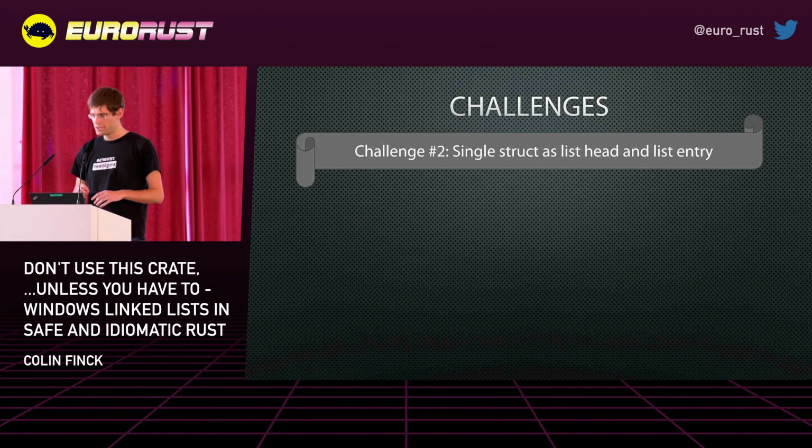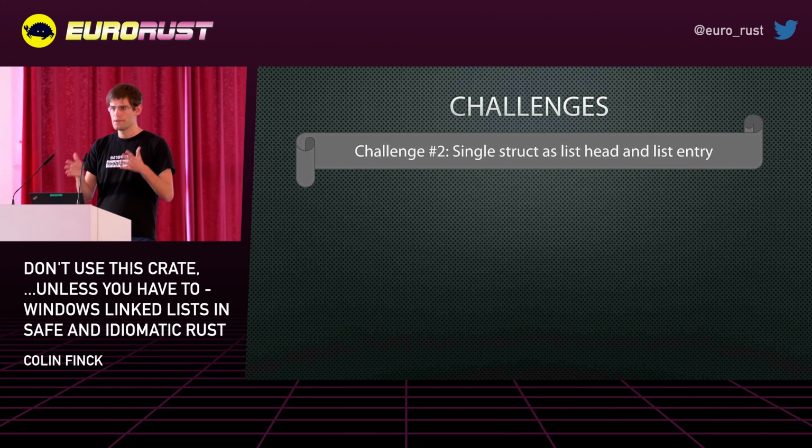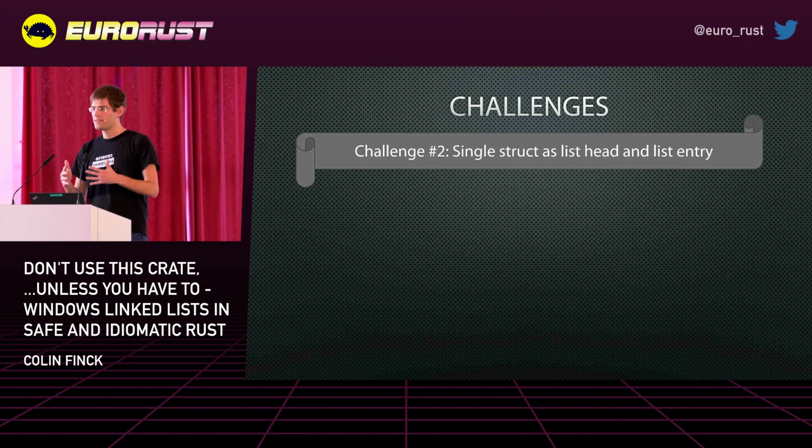Coming to the next challenge, this is more of a problem for an idiomatic Rust implementation. As we've seen, the list entry structure is used for both the list head and the list entry. What we rather want is a distinction here. There should be a list head which provides some nice methods like all the std collection containers, and you want a simple list entry structure which you can embed into your element structure.